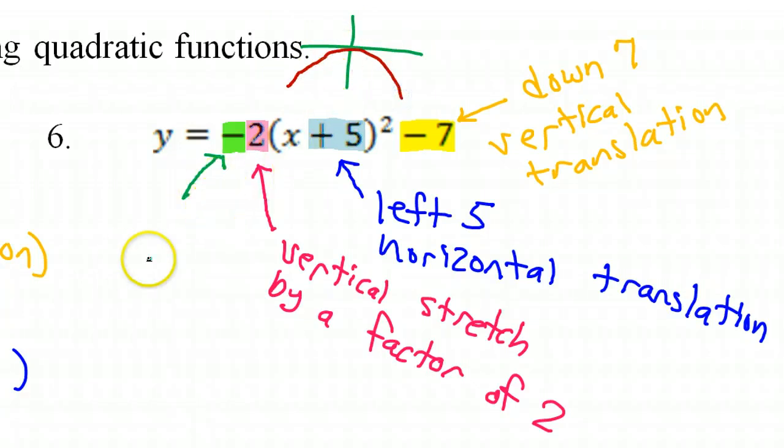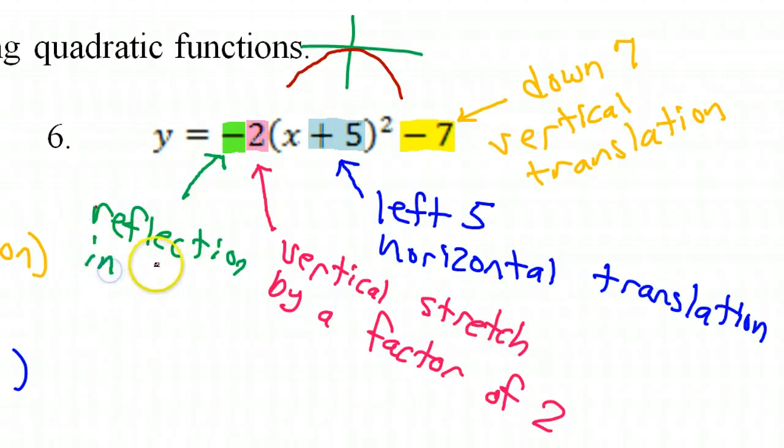But turning a graph upside down is called a reflection. A reflection in the x-axis. Oh, I'm supposed to be doing green now. Reflection. Reflection in the x-axis.